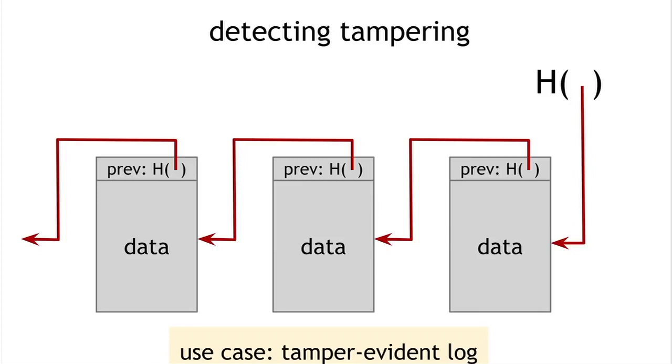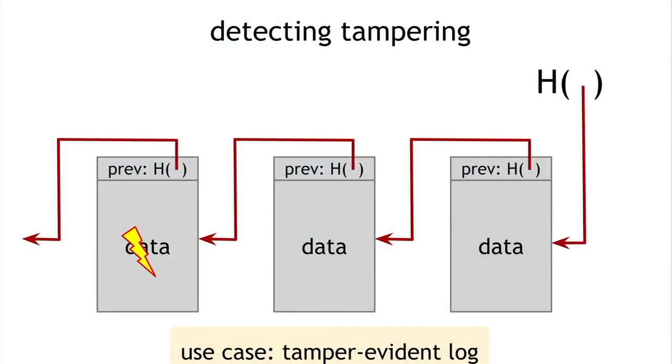To understand why a blockchain gives us this tamper-evident property, let's ask what happens if an adversary wants to go back and tamper with data that's in the middle of the chain. Let's assume that an adversary wants to tamper with this block down here. He wants to change the data here, and he wants to do it in such a way that we, the holders of the hash pointer at the head here, won't be able to detect it.